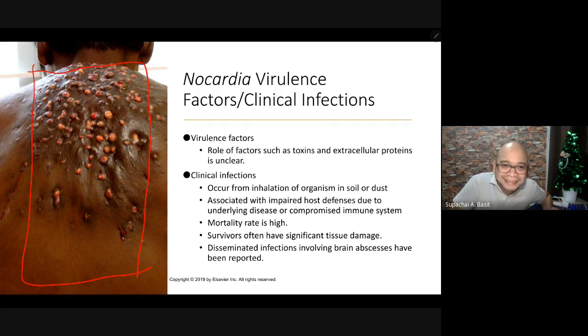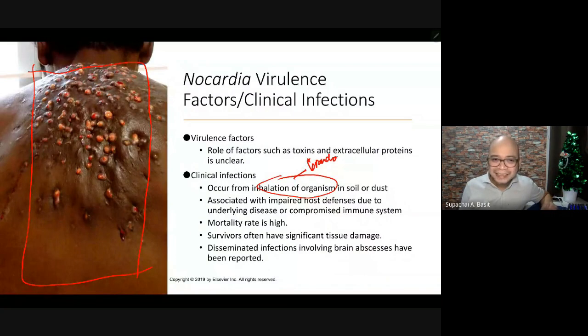But nonetheless, the role of factors such as toxins and extracellular proteins is unclear. The clinical infections occur either from inhalation of organisms, that is for the bronchopneumonia, in soil or dust, or associated with impaired host defense due to underlying disease or compromised immune system.